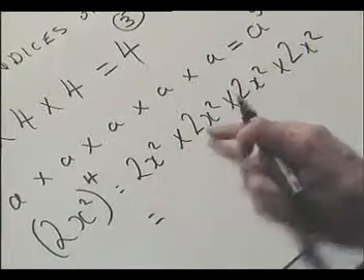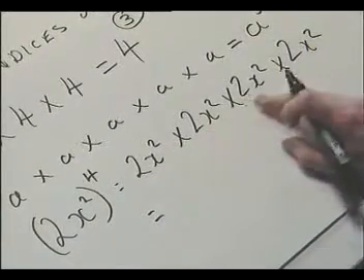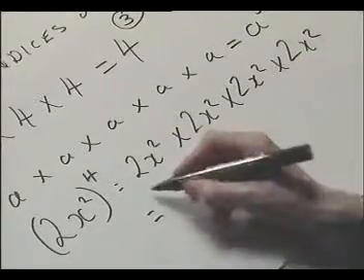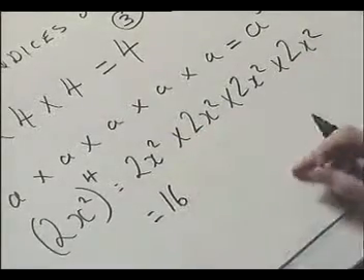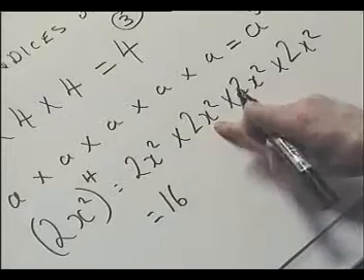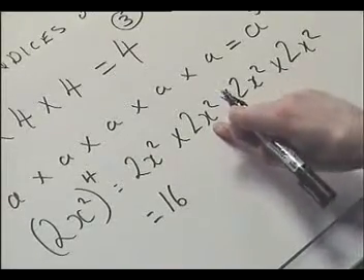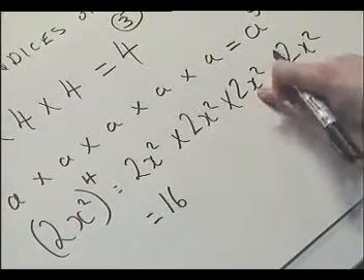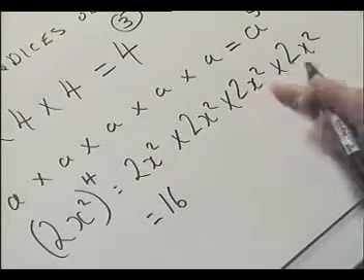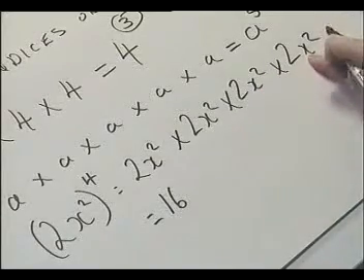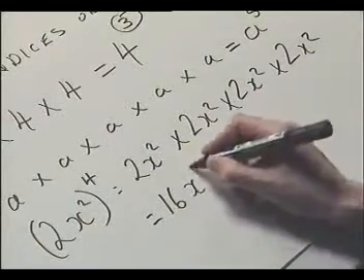So we can do the 2's together: 2 times 2 times 2 times 2. That gives us 16. And x squared times by x squared is x to the power 4. Times by another x squared is x to the power 6. Times by another x squared is x to the power 8.